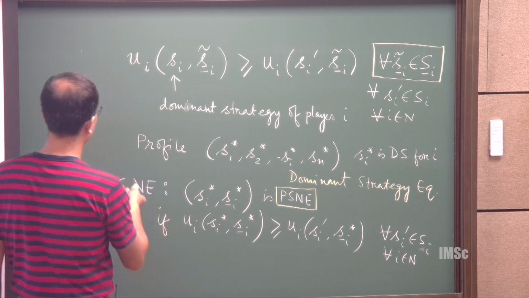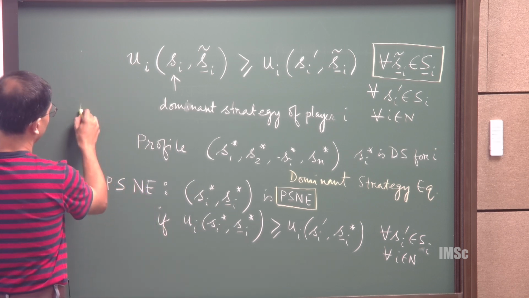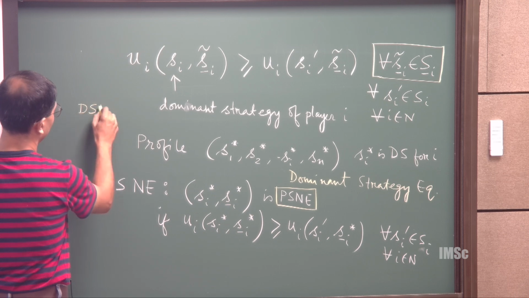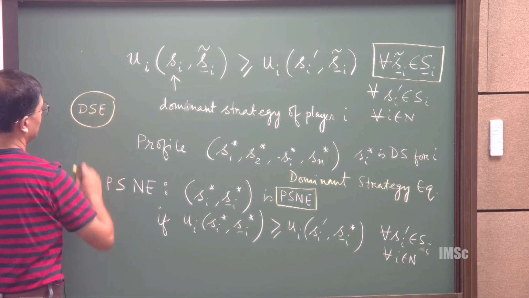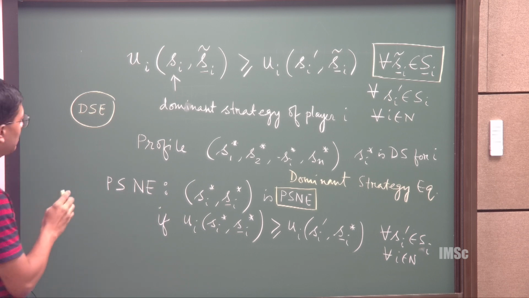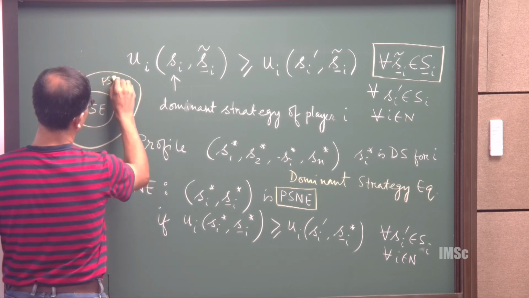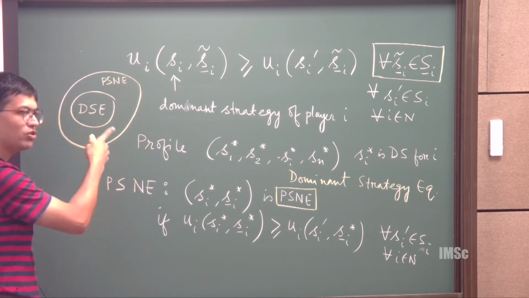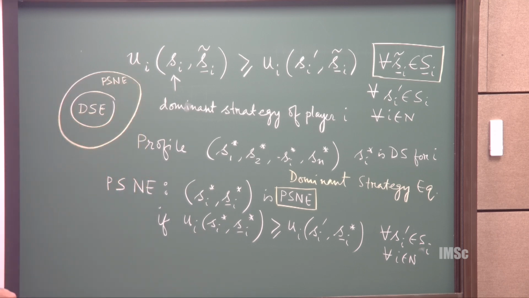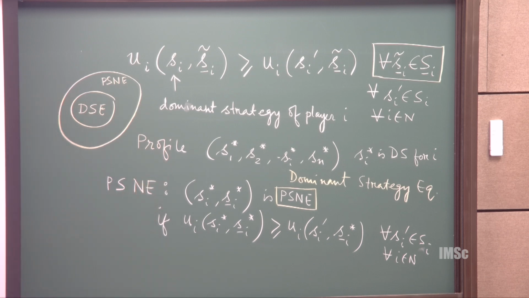So if you want to draw Venn diagrams, these are the games having a dominant strategy equilibrium. That will automatically imply that those games also have a pure strategy Nash equilibrium. You have also heard about the mixed strategy Nash equilibrium.